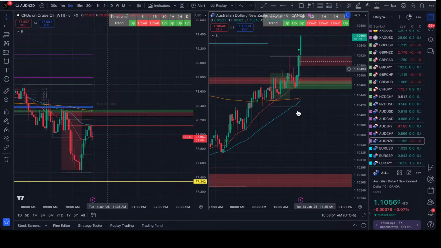Meanwhile, the 20 EMA slowly making its way up. Let's see if we get some kind of reaction in there. Oil still stuck at that New York fair value gap.